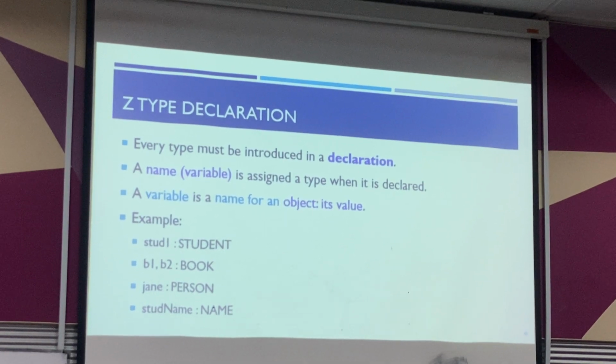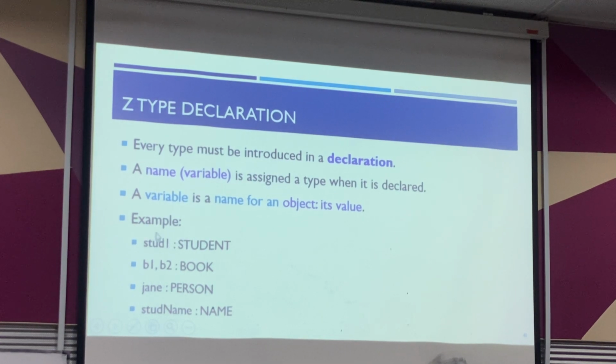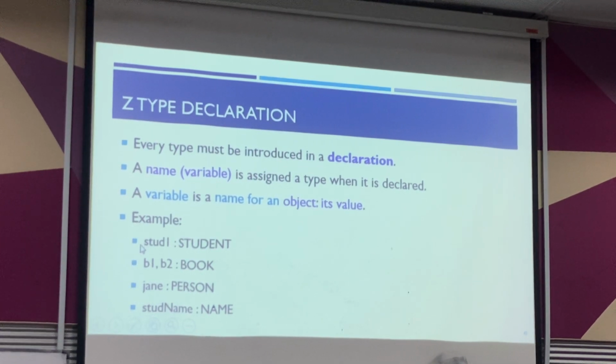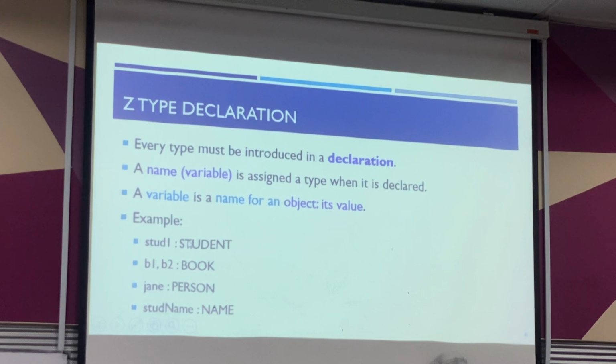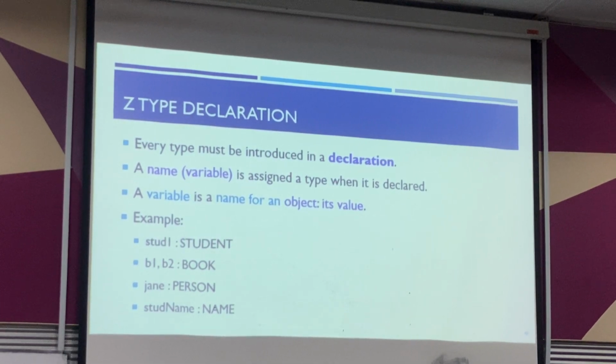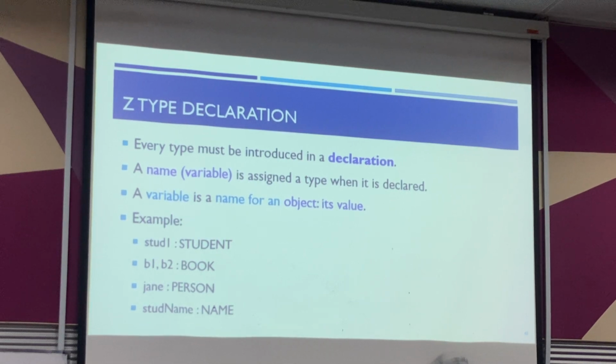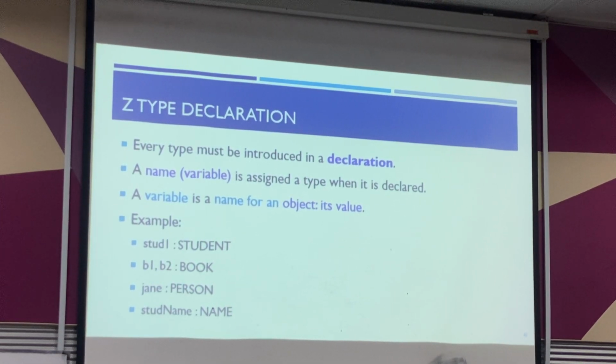So this one means I have a student identifier of type student. I have only one student here. If you want to have many students, you put student, colon, power set student.